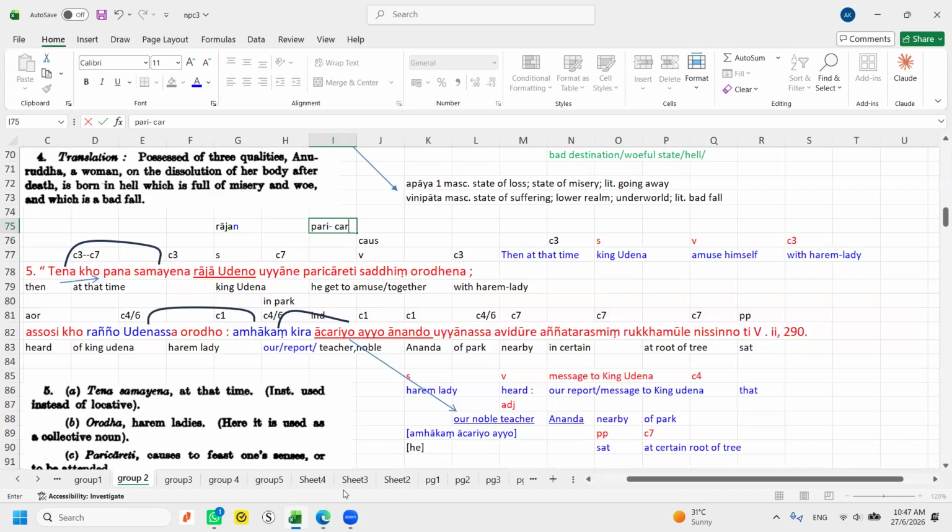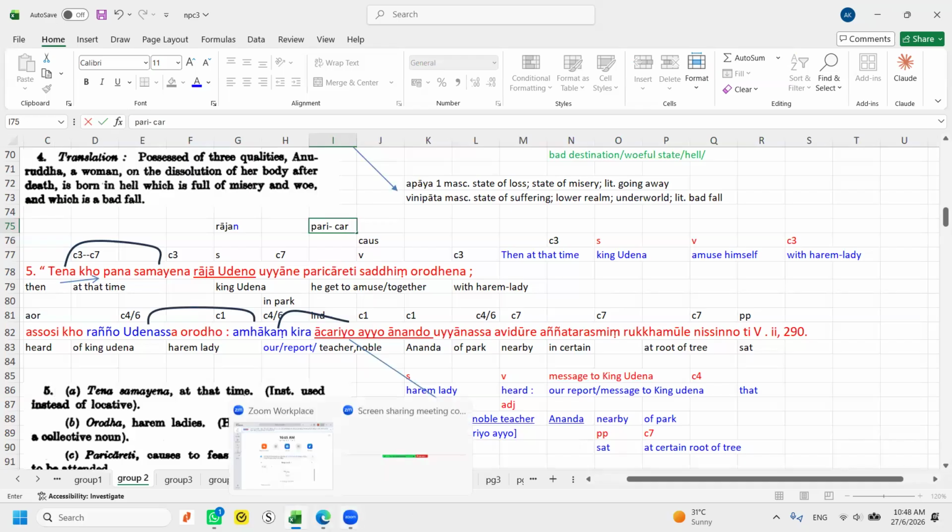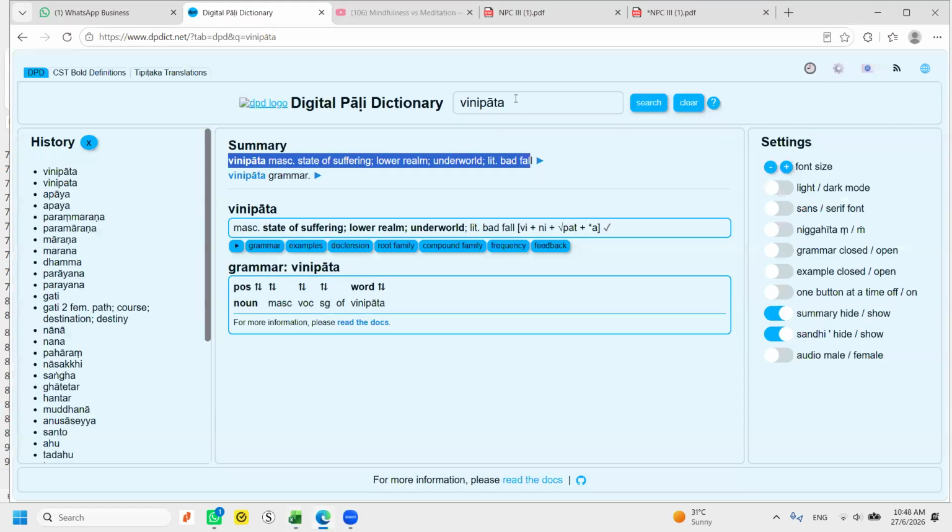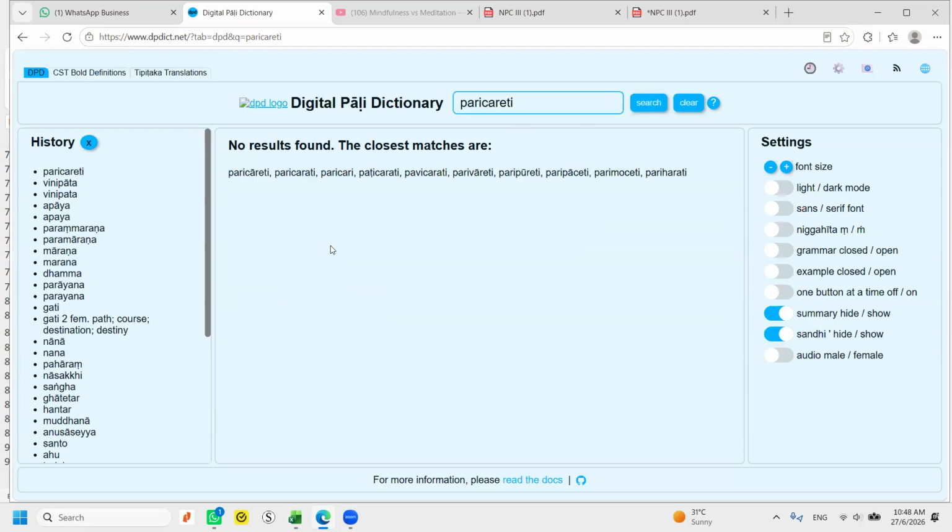If you look into the dictionary, paricareti takes the 7th conjugation. Pari careti, the 7th conjugation. This one, paricareti.